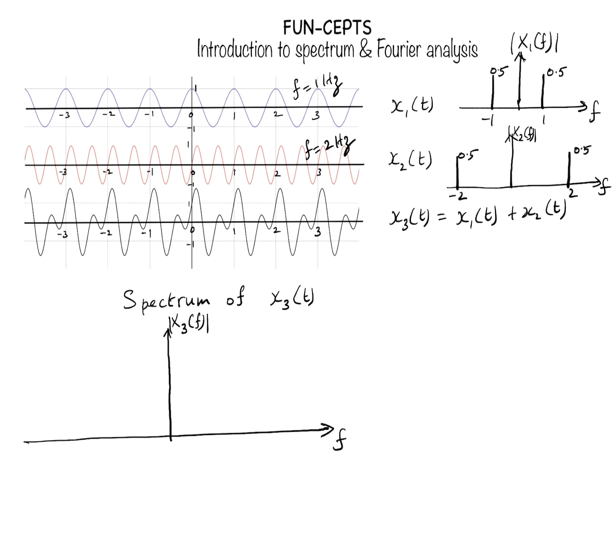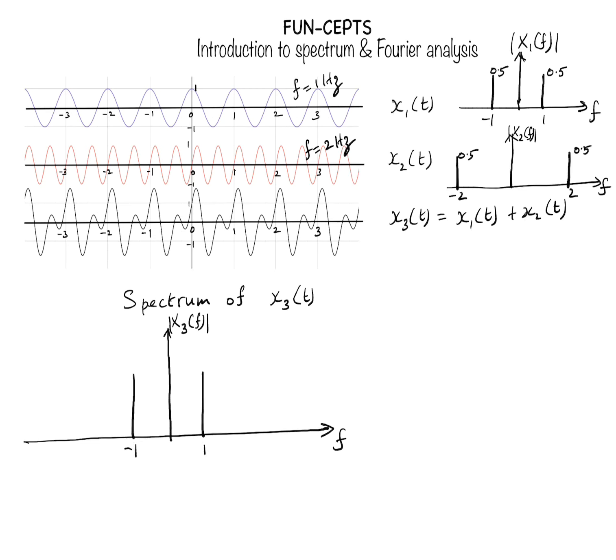So that means x3 of f will have a component at 1 hertz and a corresponding replica at minus 1 hertz.